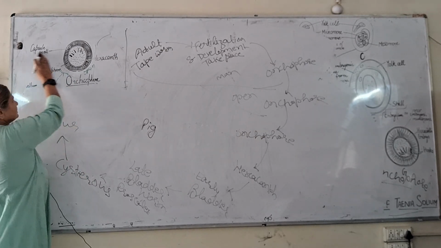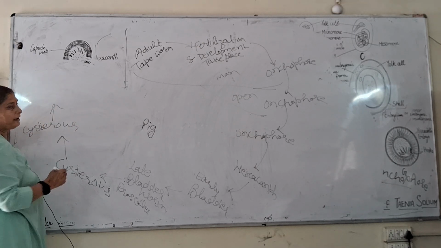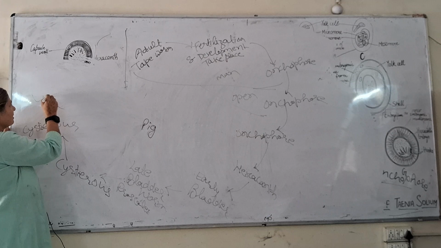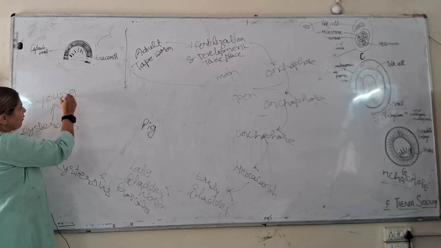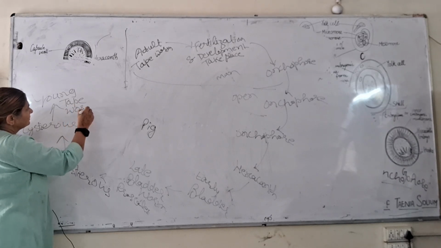Now this cysticercus inside the man forms the young tapeworm in the intestine.